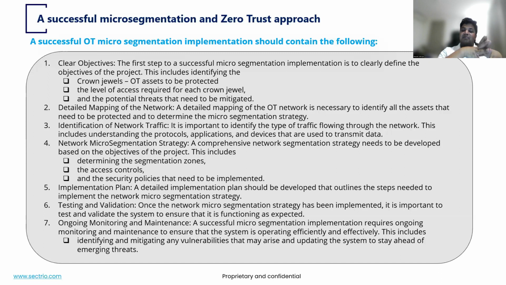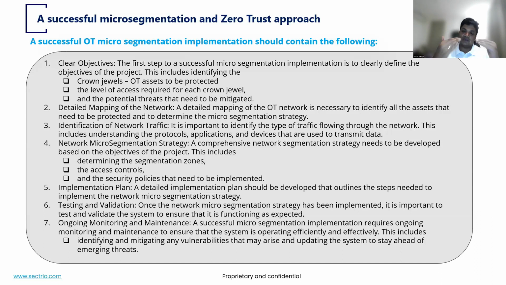microsegmentation can clearly be built without impacting the existing infrastructure. So you will have to first identify what are the crown jewels, and what are the specific OT assets that have to be really protected, versus assets with medium impact if compromised, and low impact if compromised.